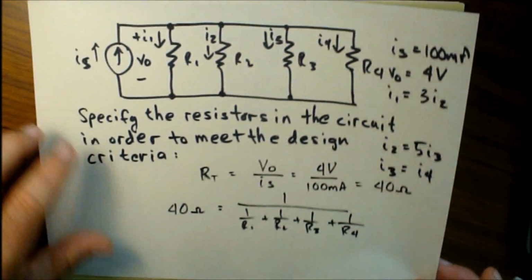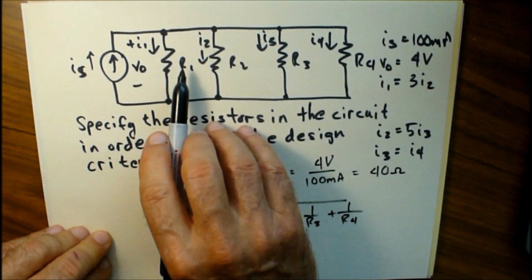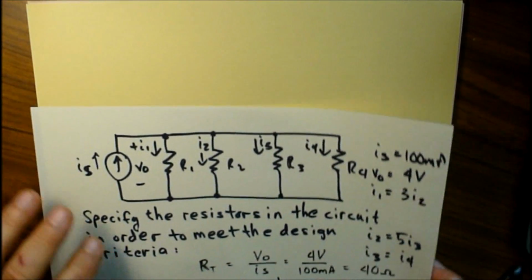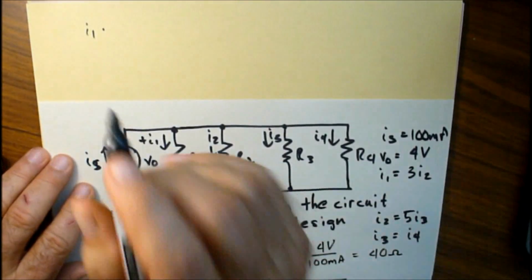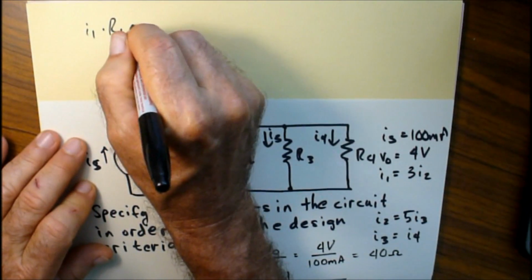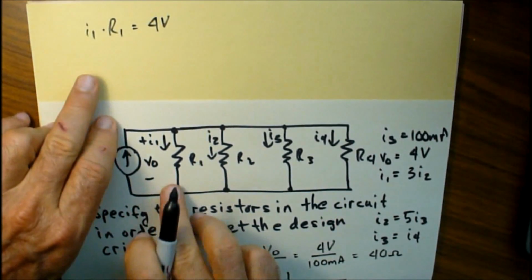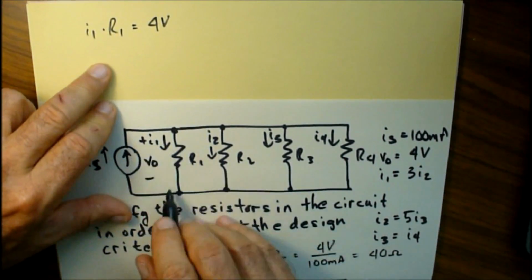What we also know about these currents is that these currents and these resistors all have to add up to their own numbers. For example, I1 times R1 has to be equal to 4 volts. We know that, right? Because this is 4 volts from here to here. That's V0, across the top.